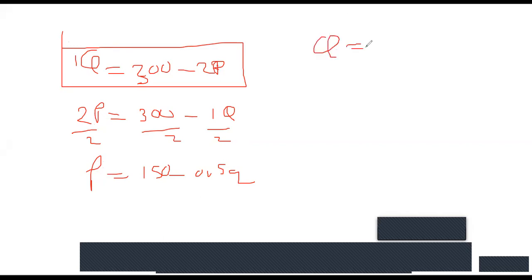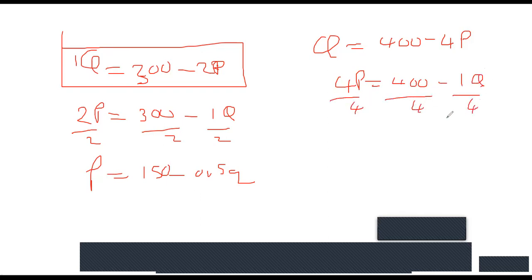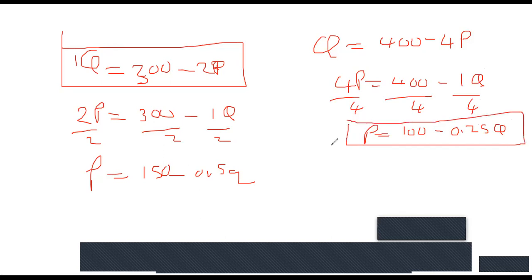So can you help me now? All of you, let's try to find the inverse demand for this demand function. What do we do? P is equal to 400 minus 1Q... minus 0.25Q.